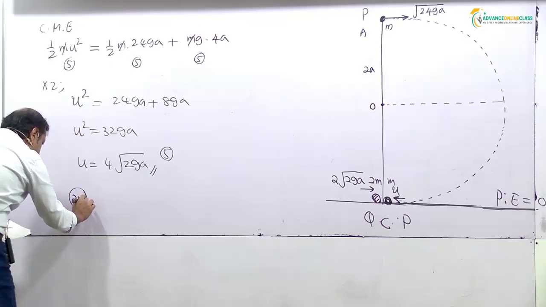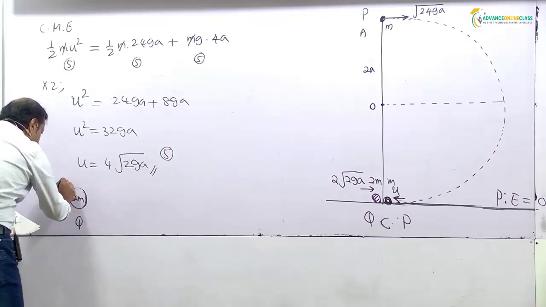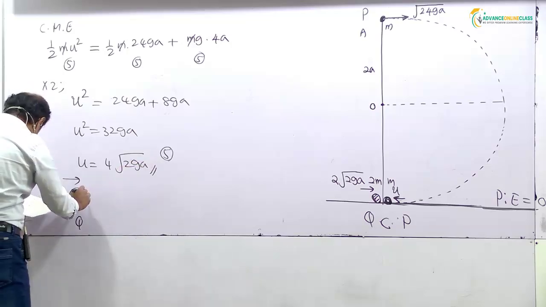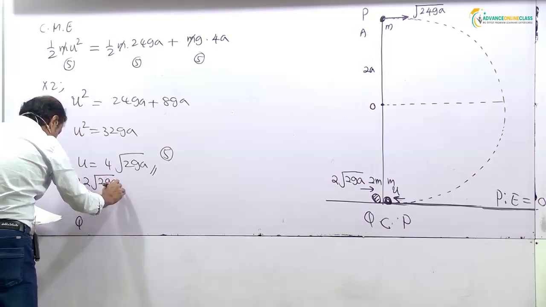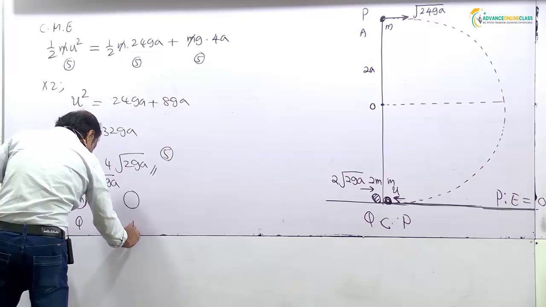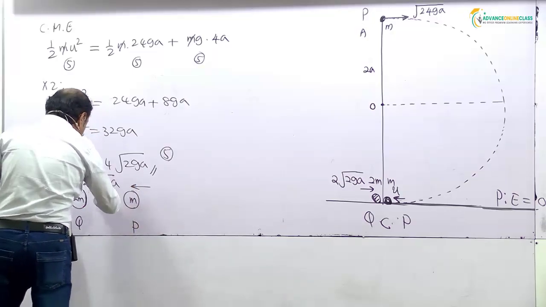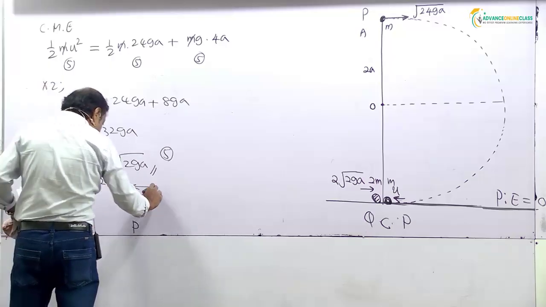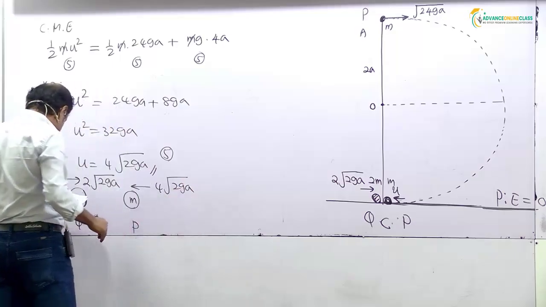Q, with mass 2m, moves this way with the given velocity 2 times root 2 GA. P, with mass m, comes this way with velocity 4 root 2 GA.